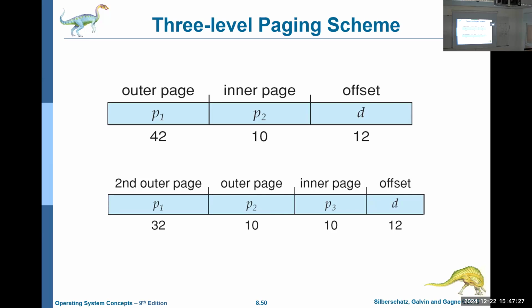That's the offset, if it's 2 to the 12th. That means there are 2 to the 12 bytes in the page. That means I could put a 0, 1, 2, or 3 here. If I got a page number, if it would be 1 level, this would be 52 bits.